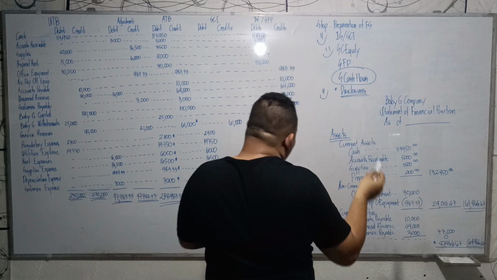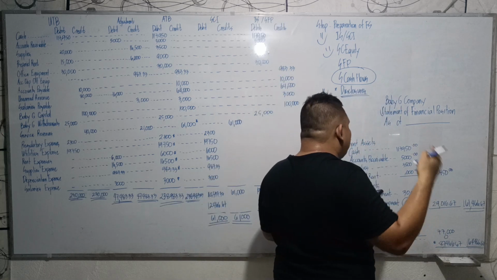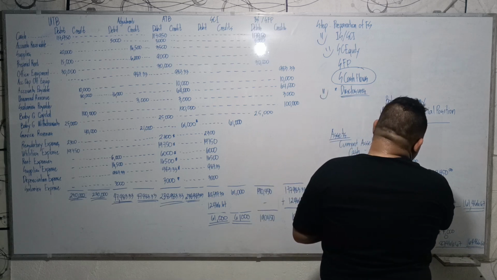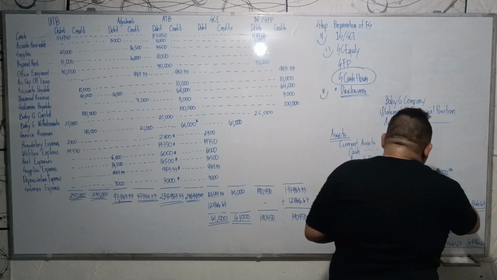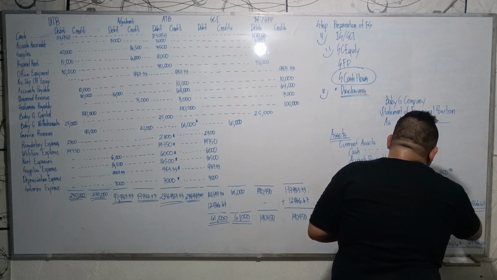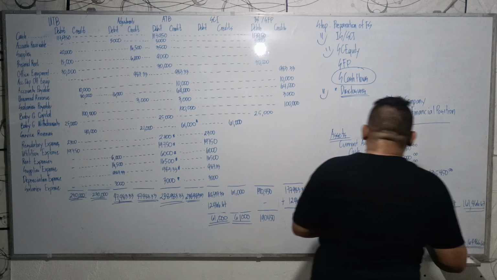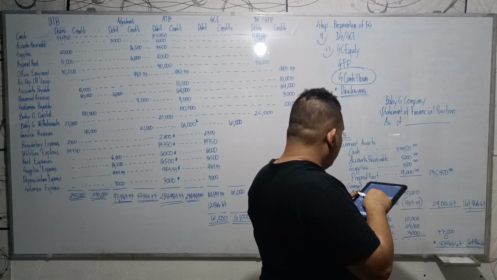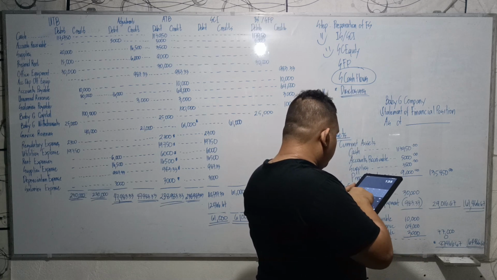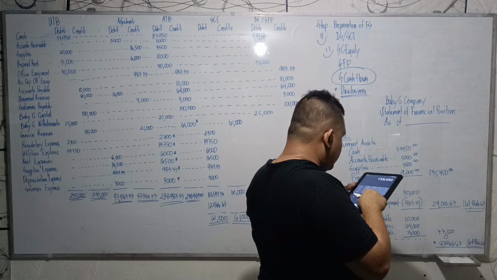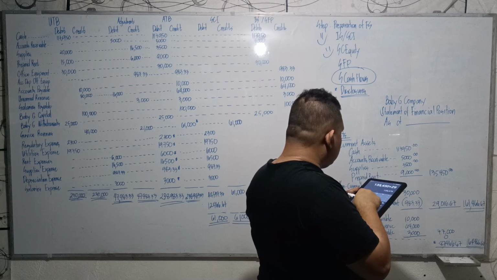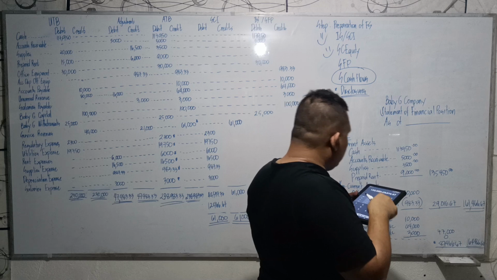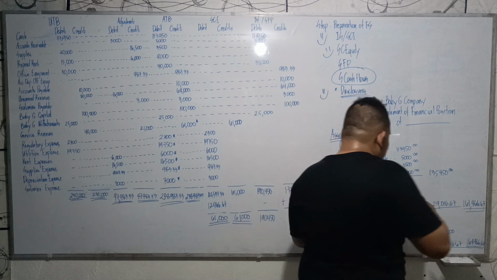So again, you have to be focused so that you will not end up like this. So we have 9,000 right here. So instead of 132,450, we have 135,450 on the total current assets. So 135,450 plus 29,016.67, and you will have 164,466.67.